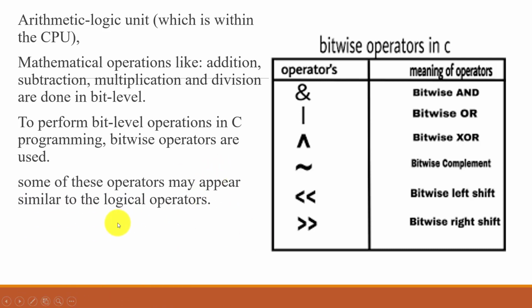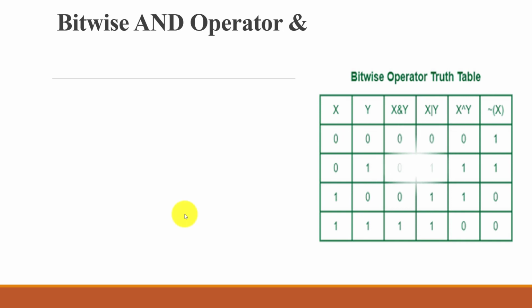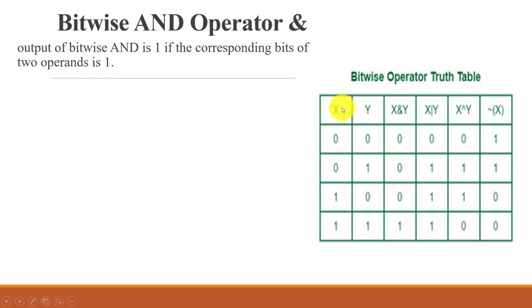Now this operator appears like a logical operator, but it's not a logical operator. So let's first understand what is meant by the bitwise AND operator. It is represented by X and Y. If we give the inputs X and Y as 0 0 1 1 and 0 1 0 1, then the output of bitwise AND is 1 only if the corresponding bits are both 1.